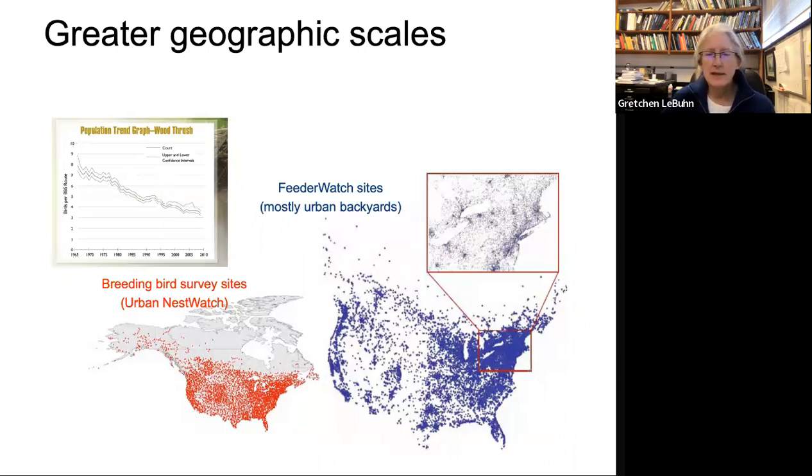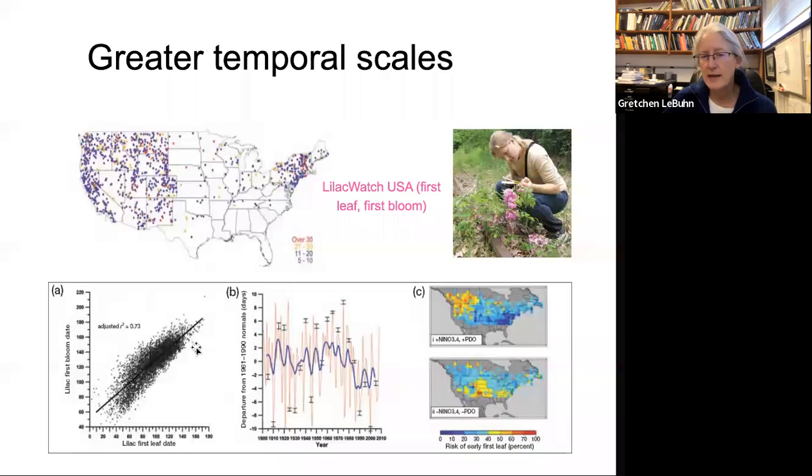It also has allowed us to look at things across greater temporal scales. So Lilac Watch has been around from, I think, like 1910. So, almost over 100 years collecting data on when lilacs bloom, that's given us insights into things like climate change.